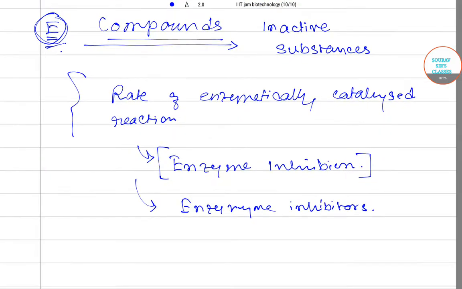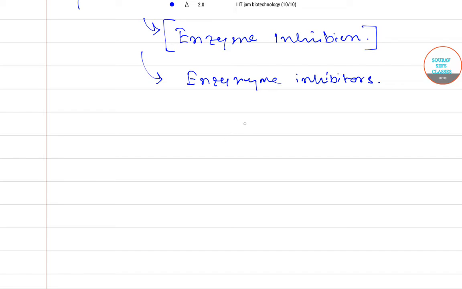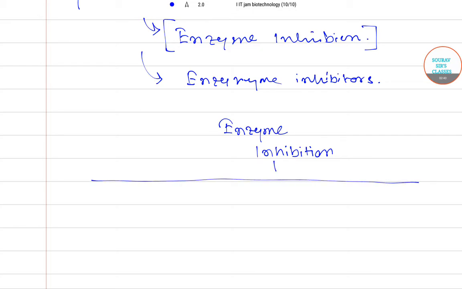Now enzyme inhibition has two types on the basis of specificity. First is specific inhibition.